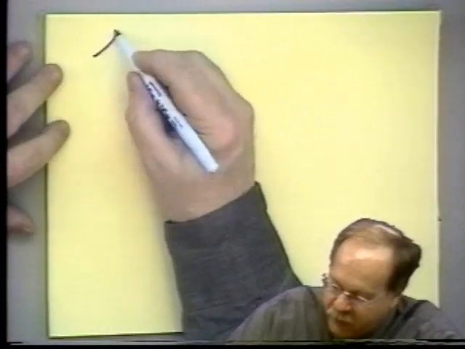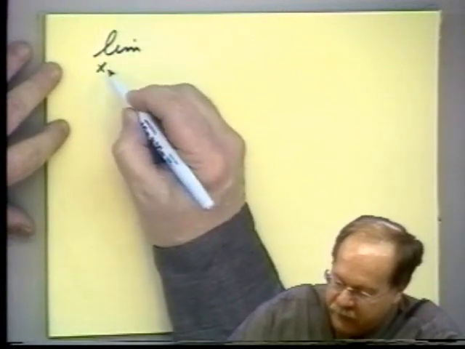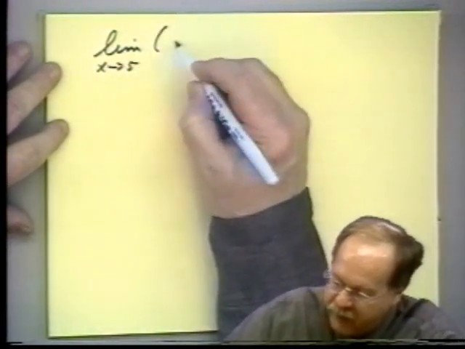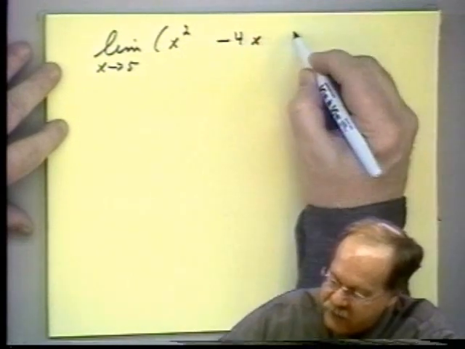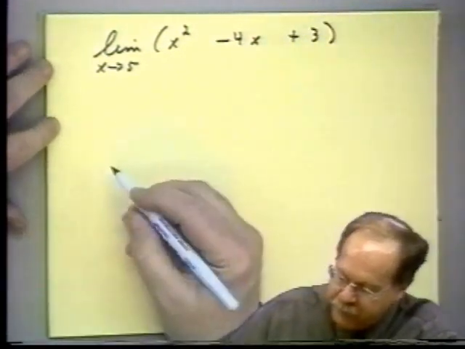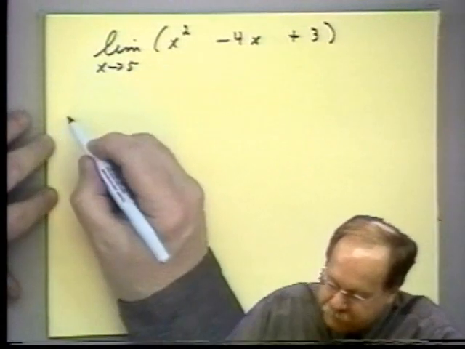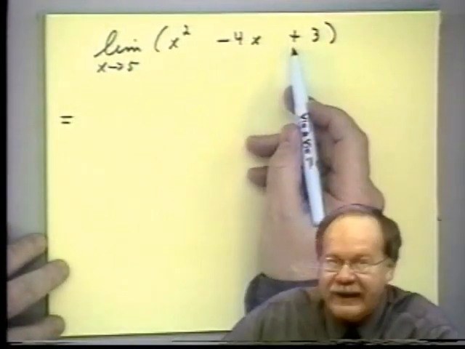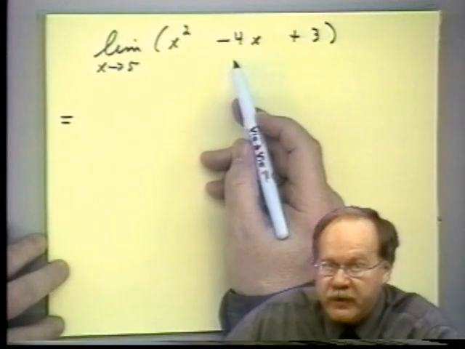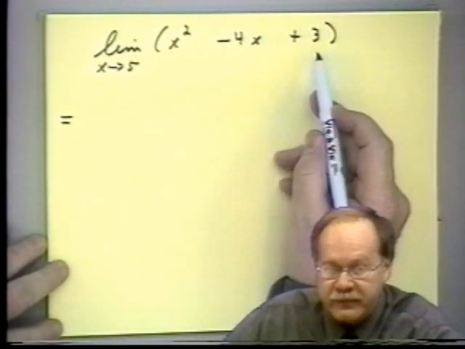So let us write out again what we're going to do. The limit as x approaches 5 of, and I'll spread this out a little bit, x squared minus 4x plus 3. Now, the first thing you notice here is that you have a difference and a sum. We'll use those rules to break this up into 3 terms.